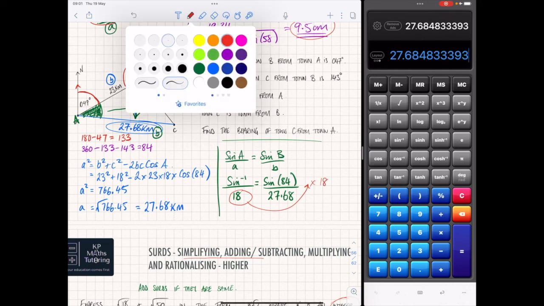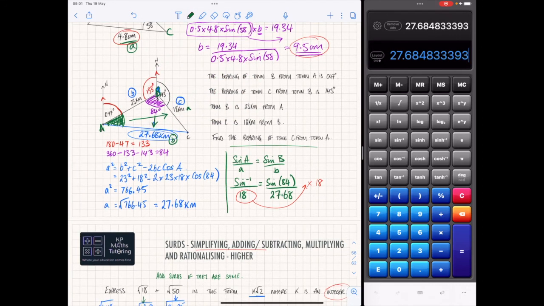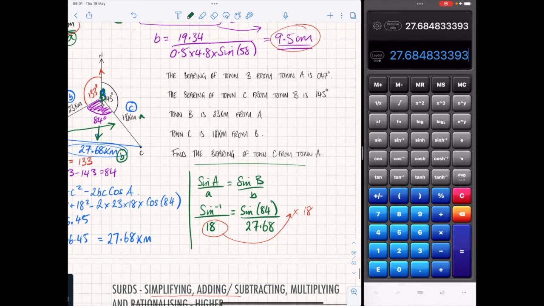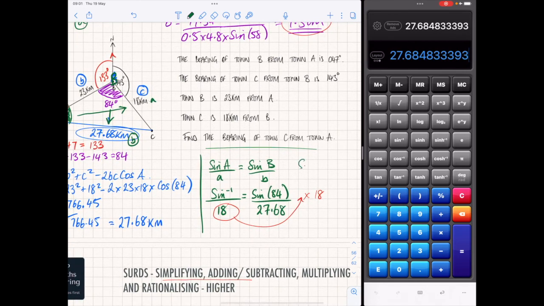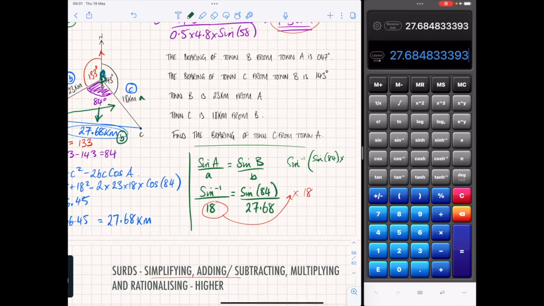So my actual sum that I will be doing is sin minus 1, you open brackets, then you're doing sin 84 times 18 divided by 27.68. And when I work that out, so sin minus 1, I'm going to have to put the top part in brackets again.